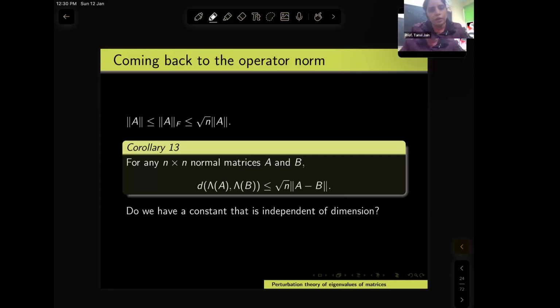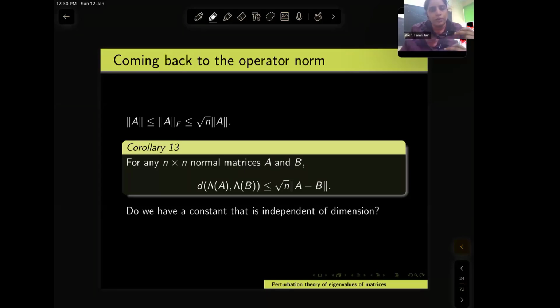And directly from here, we get that d(lambda(A), lambda(B)) will be less than or equal to square root of n times the operator norm of A minus B.